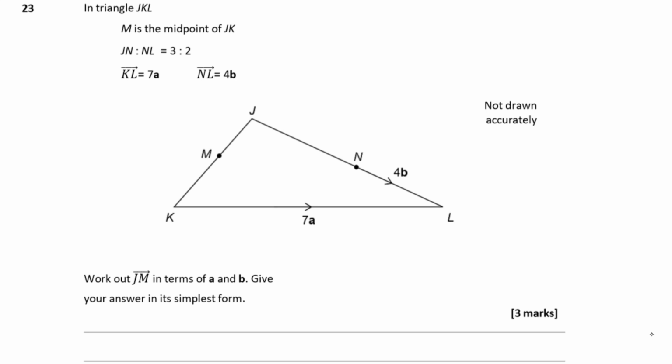So what we need to do is find this vector here, isn't it? We need to find that one. What do we know? We only know this direction here, and this direction here. So basically we're going to have to find JK, and then halve it to find JM.